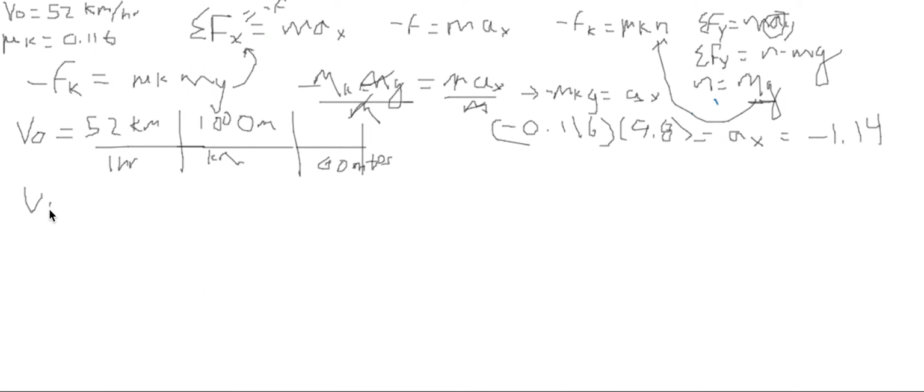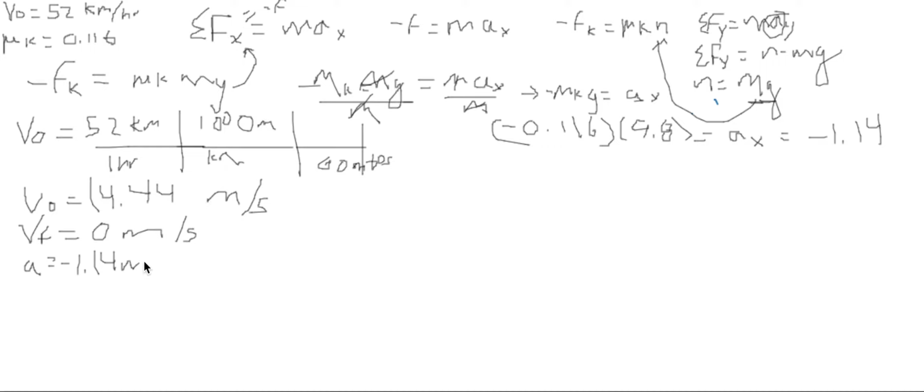So V0 equals 14.44 meters per second. Vf, since the stopping distance, equals 0 meters per second because it will be at rest. Acceleration is equal to negative 1.14 meters per second squared.